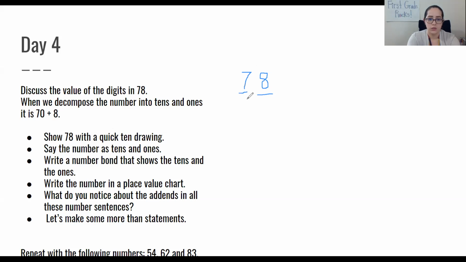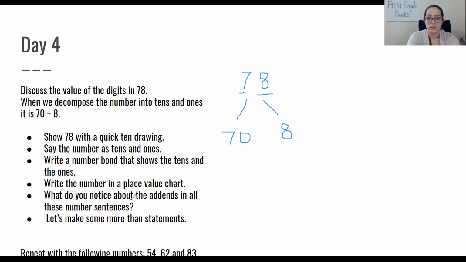All right, and you can show them when decomposing or breaking apart this number into tens and ones, you have 70 plus 8. So again, you will show 78 with quick 10 drawing, say the number as tens and ones, write a number bond that shows the tens and the ones. So I've already gone ahead and did that when I broke it up. Write the number in a place value chart.